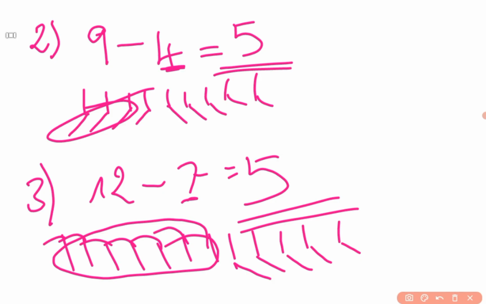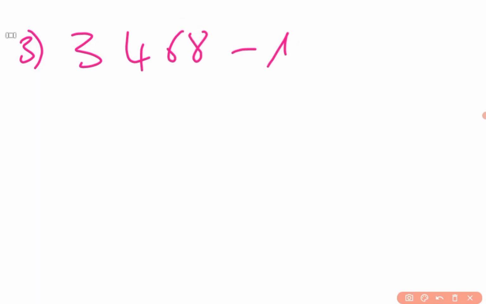Now the question is, when you have a bigger number, what do we do? Example 3. Now we have a number like 3,468 take away 1,215. So you're still going to place them under place value: thousand, hundred, tens, and unit.